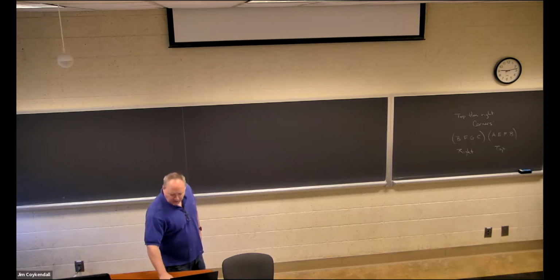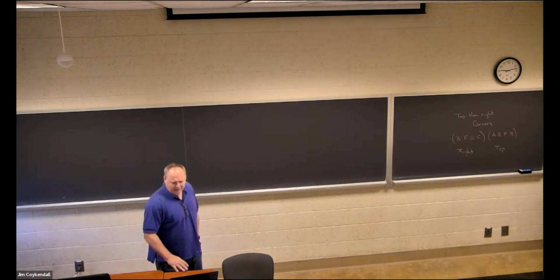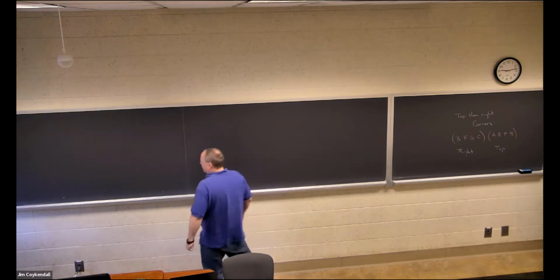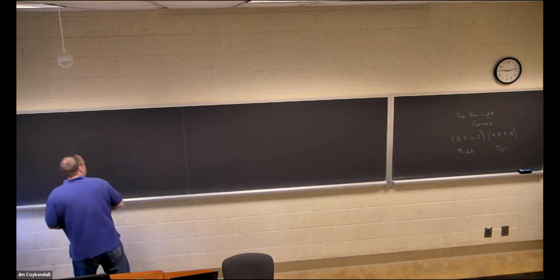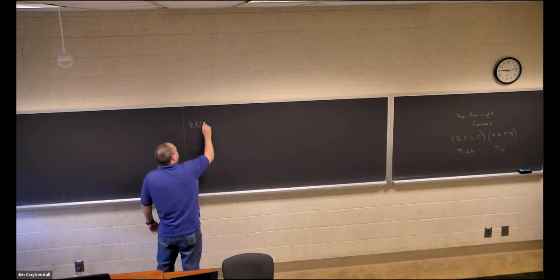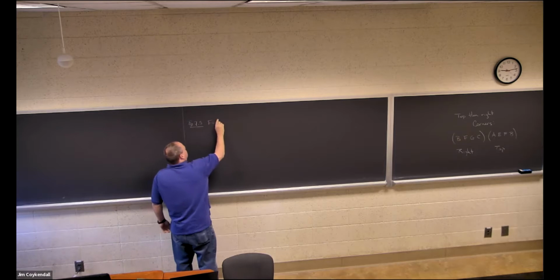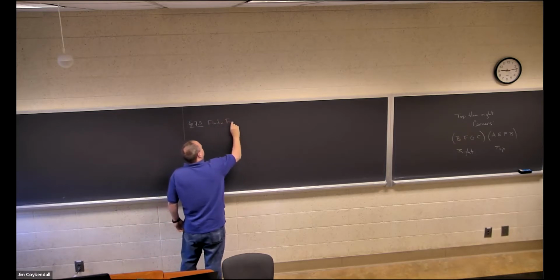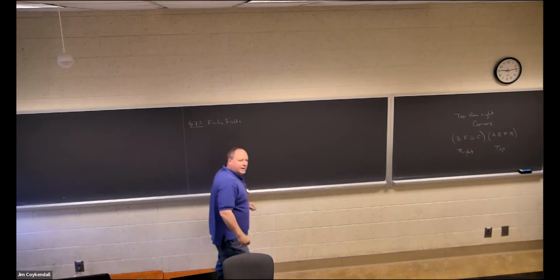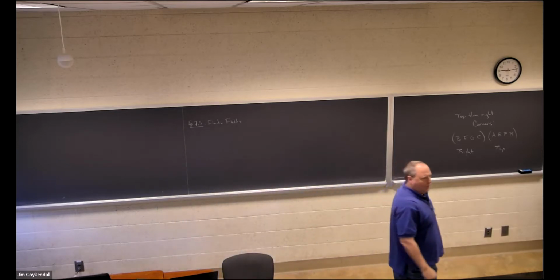Okay, so the last bit before we get into the applications is finite fields. I left you last time with a question. Did anybody figure out, was anybody able to find a field of order 4 or 6?